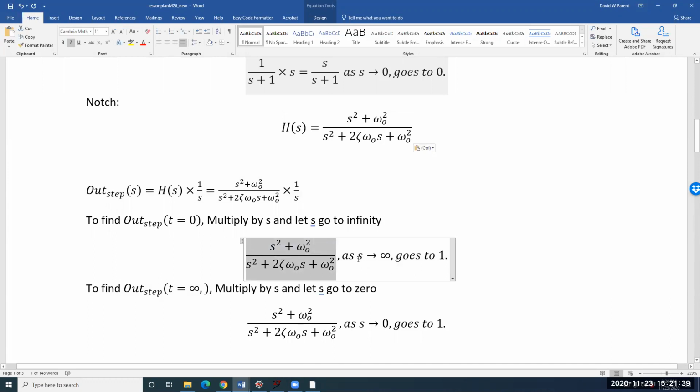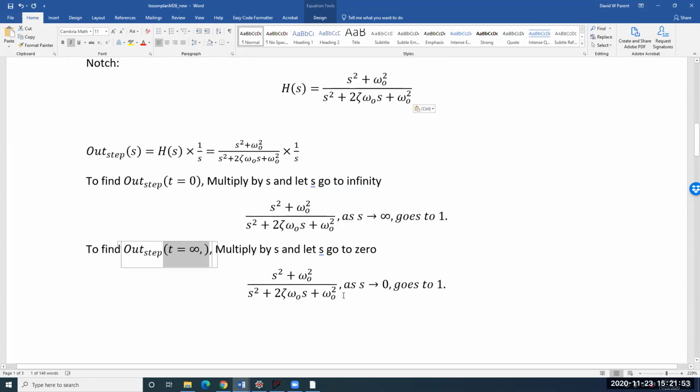So as S goes to infinity, these S squared terms dominate. You get S squared divided by S squared, it goes to 1. Now, as time goes to infinity, we let S go to 0. All the zeros drop out, excuse me, and the omega naughts cancel.